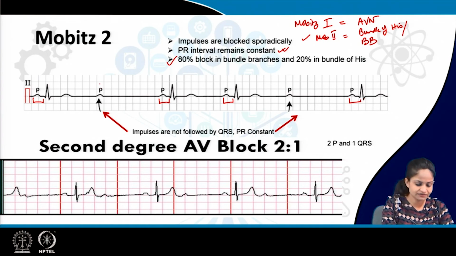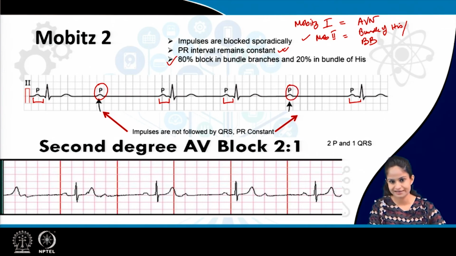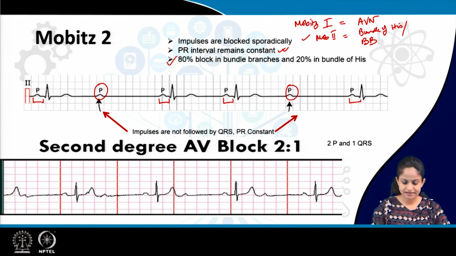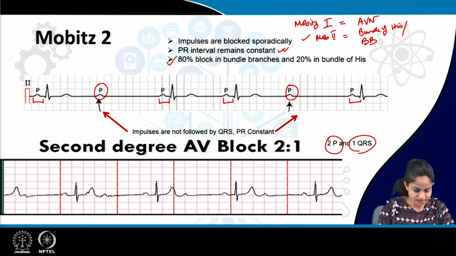Here we have the P wave, but no QRS complex; here we have the P wave, but no QRS complex. So, this is second degree AV block with a 2:1 pattern. A 2:1 pattern means we have 2 P waves and 1 QRS complex. As I told you, this depends on the number of P waves and QRS complexes we are getting.